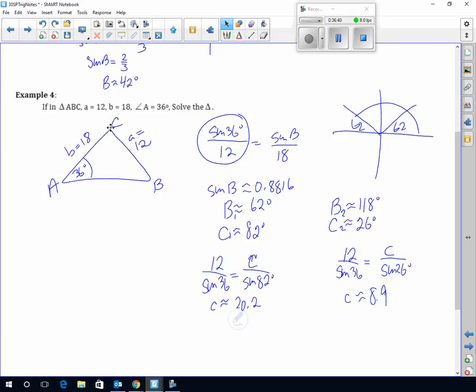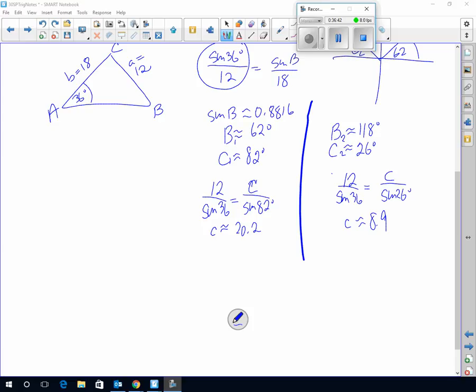To recap, this triangle looks like this, right? 36 with an A. B is 62 and C is 82. I'll just put in what I know. B is 18 and A is 12.